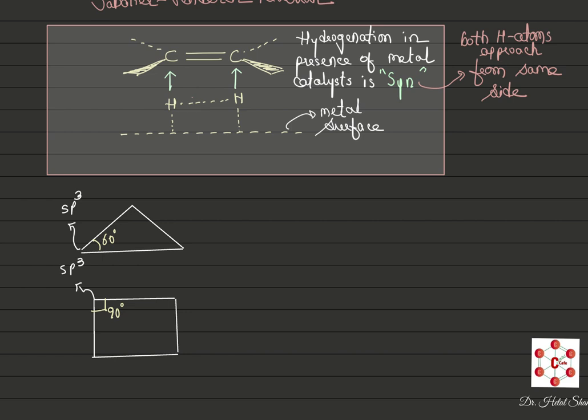So these molecules are highly strained molecules, and any strained molecule would always want to open itself up, relieve itself from the strain that it is subjected to. So what happens then? Pay attention. Only these two, if I treat them with H2 in presence of Pd or Pt or whatever, there is bond breaking taking place here.